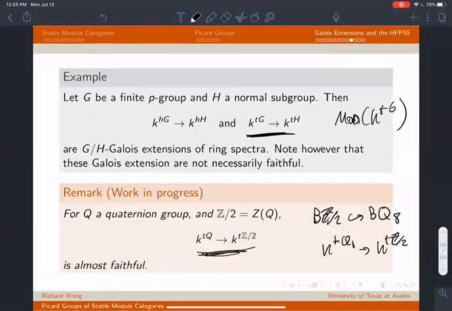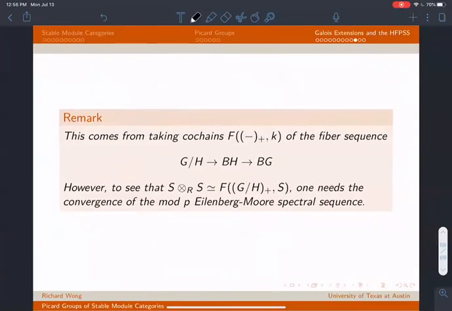And I'll end by explaining why this is a G/H Galois extension of ring spectra. The reason is that we get this fiber sequence, and this exhibits BG as the homotopy orbits of G/H.